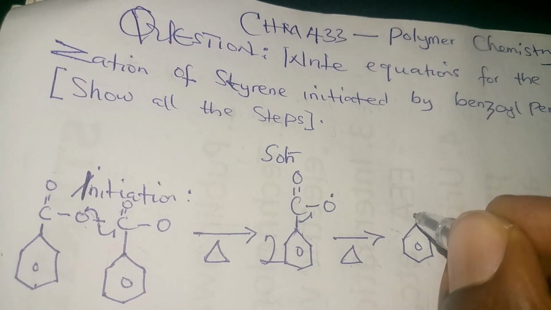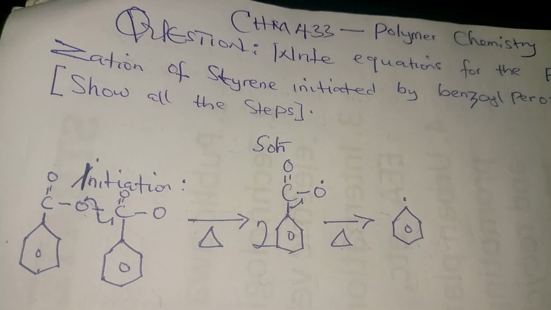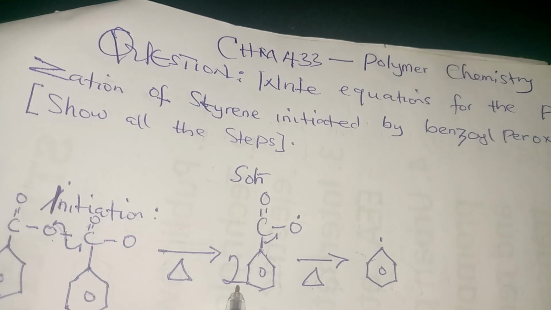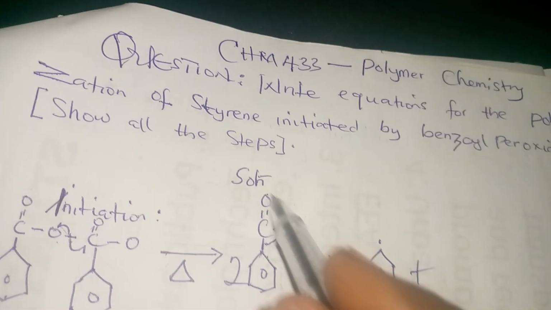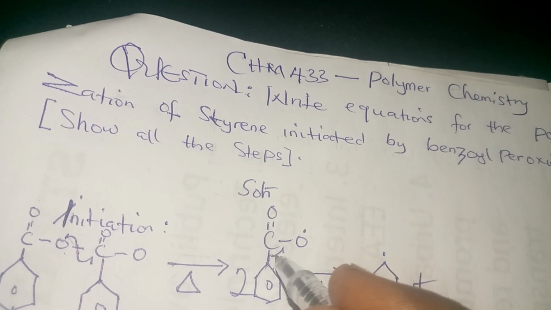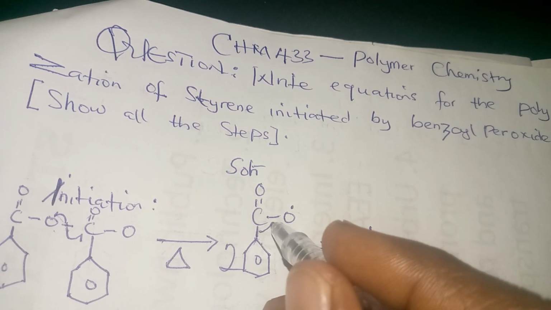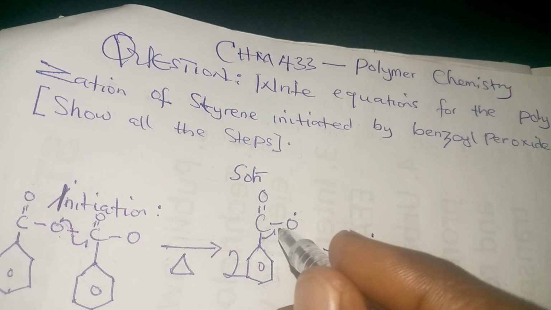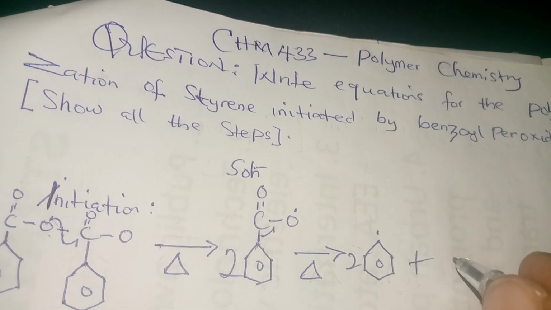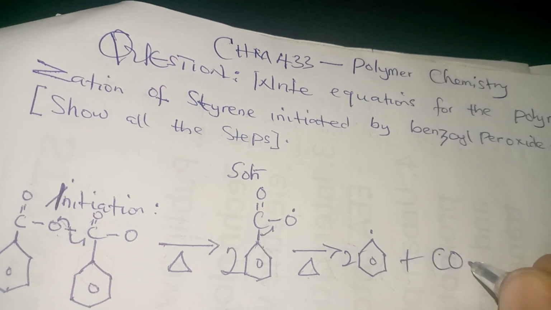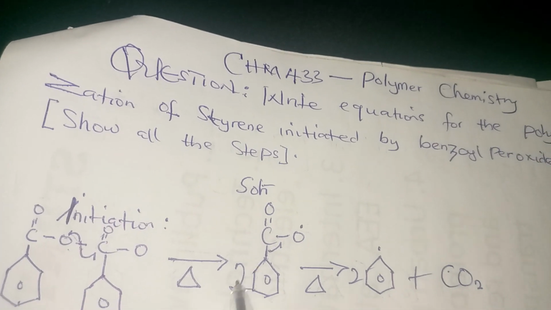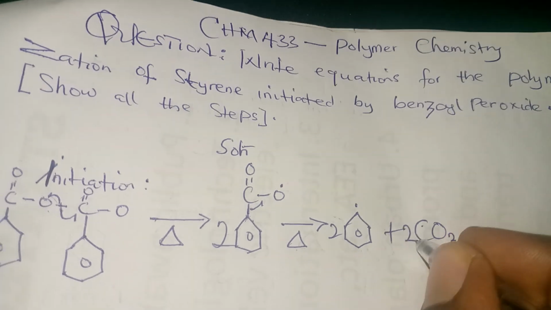If it breaks, one free radical will be there. Remember this was 2, so 2 will have to be here, and so you have your carbon dioxide here. This free radical that comes here, this other one will come and combine with it, and it will become another bond there. So it's going to be carbon dioxide, 2.